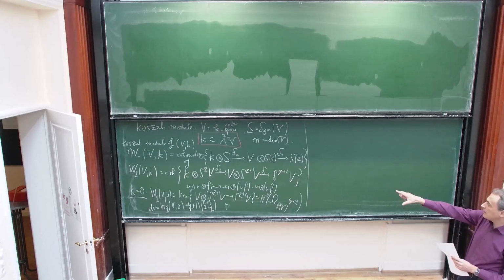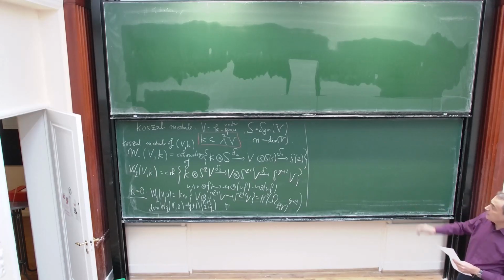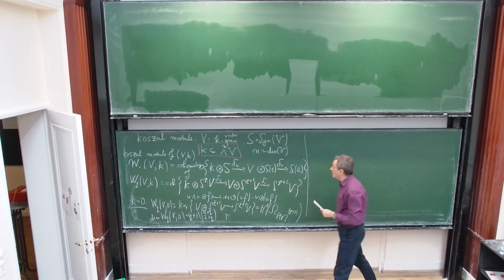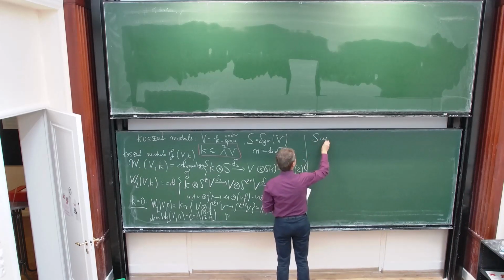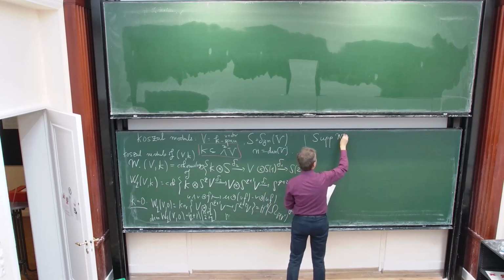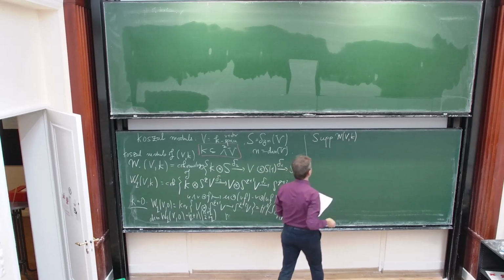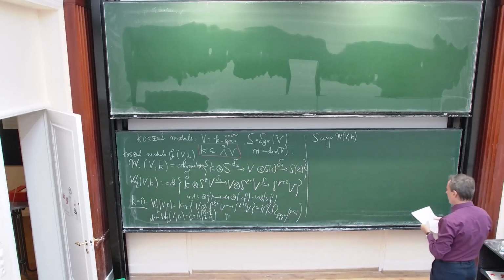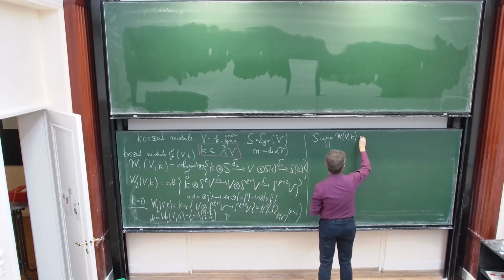So I have this Koszul module. It's a module over the symmetric algebra. Then you have the support of this Koszul module, which is going to be some subspace in V dual, and it turns out that the support of this is actually the resonance variety.